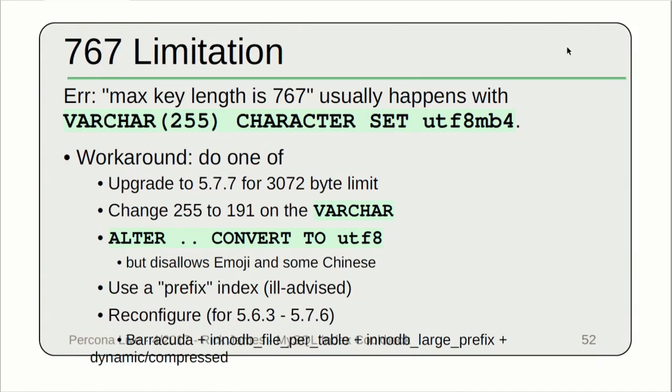It usually comes from when you upgraded to UTF-8 MB4, which might use 4 bytes per character instead of UTF-8, which uses only 3. And 4 times 255 exceeds the limit, yada, yada. I'll just leave that as reference.